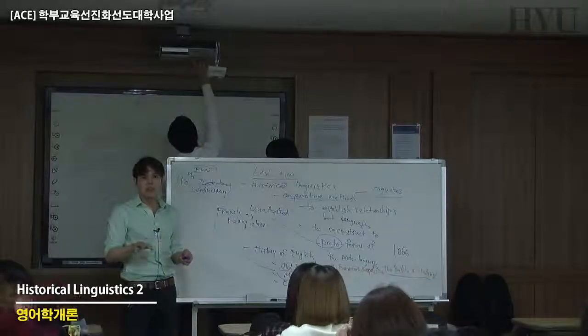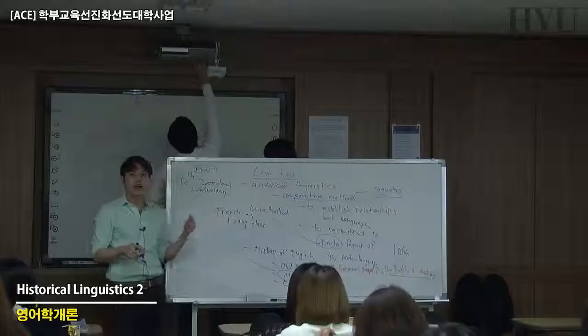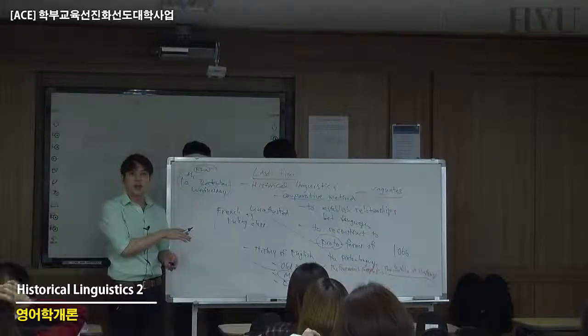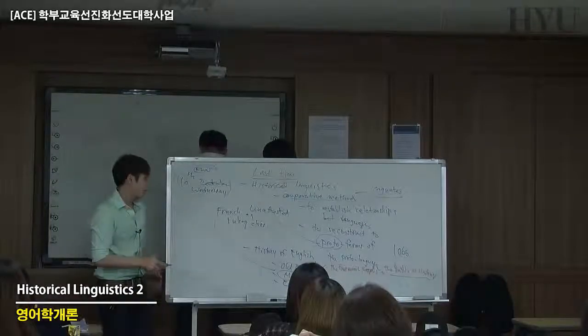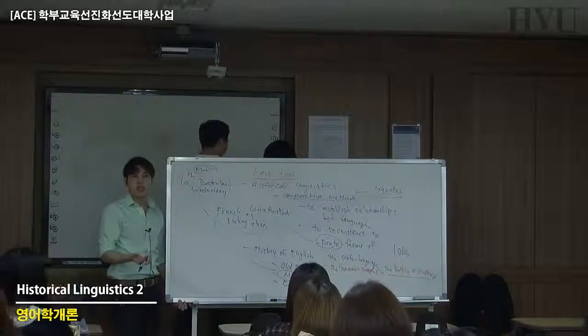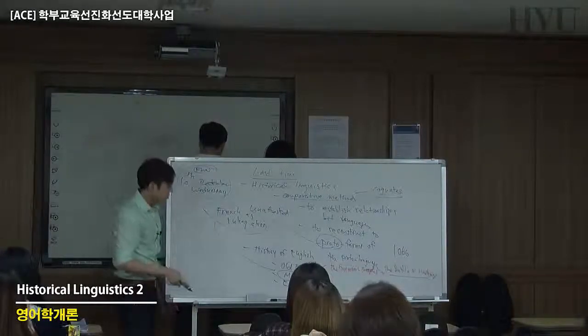So French was a language of power during the Middle English period for about 300 years, okay? So in this case, you have an influx of French words coming into English, okay?